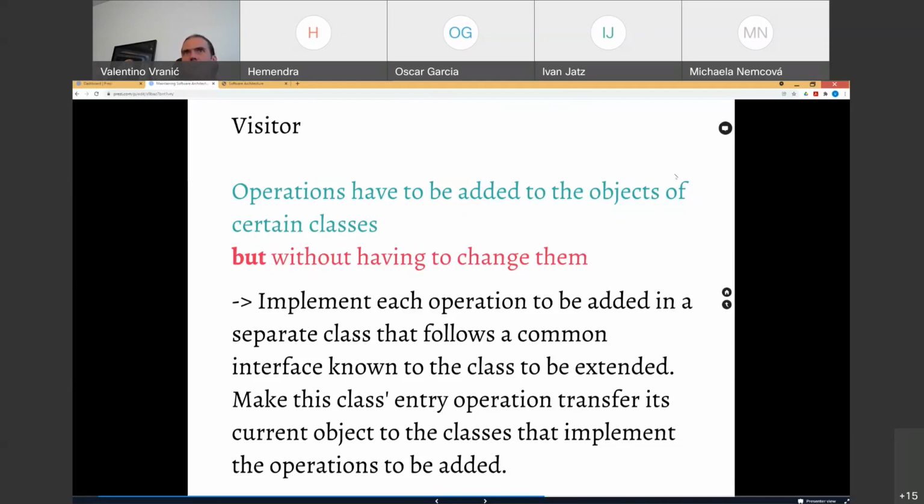There are longer descriptions of visitor, but still, until you see an example, until you try implementing it and understanding really what should be done, and what is the twist that you need to apply, and you see this best in code, it's not really something that you can follow.